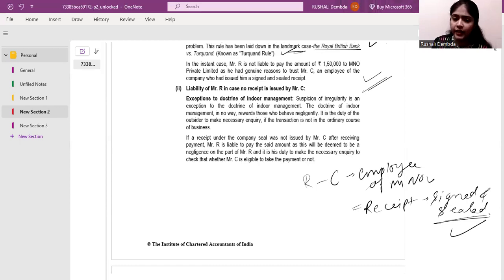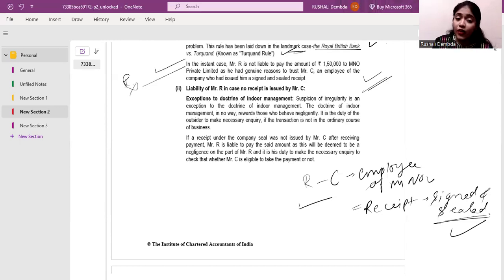He is not aware of the internal affairs. If something is changing inside the company, if employees are changing, how is an outsider going to know? He has to be cautious. If he didn't receive the receipt, only then would he have become suspicious about why he has not received the receipt, and whether something is wrong. Okay, so here R is not liable.